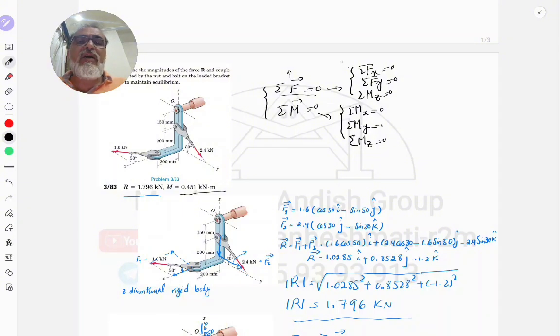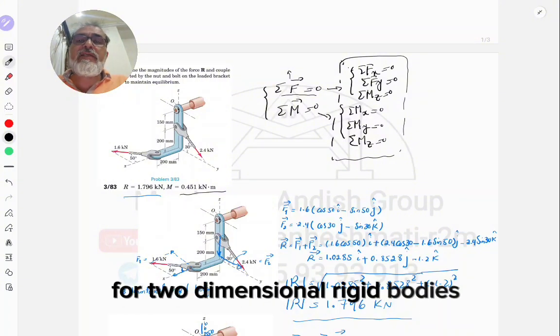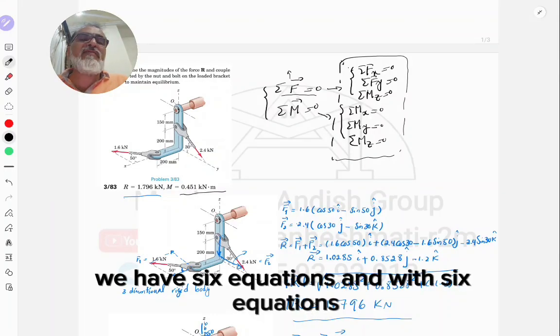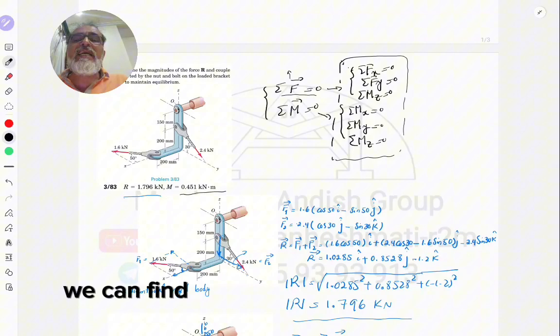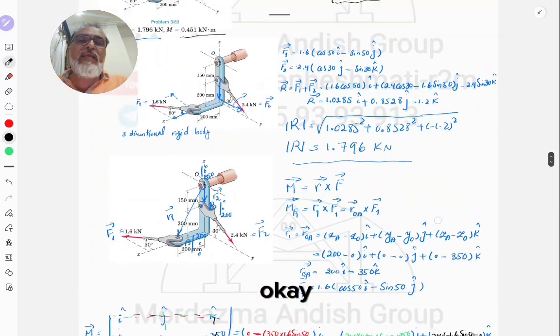The result is 6 equations for 3-dimensional rigid bodies, and with 6 equations we can find 6 unknown parameters.